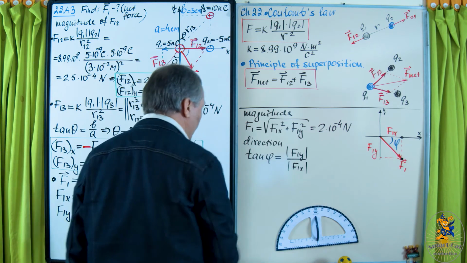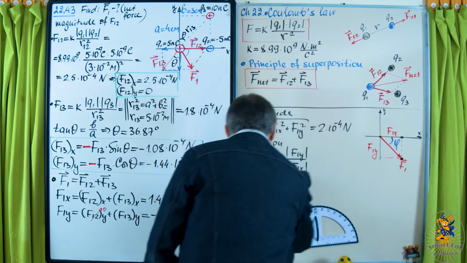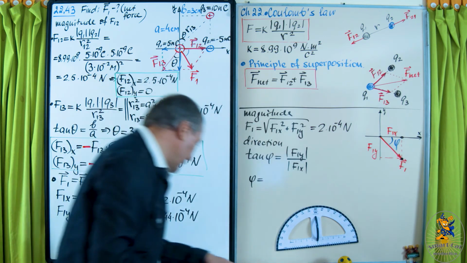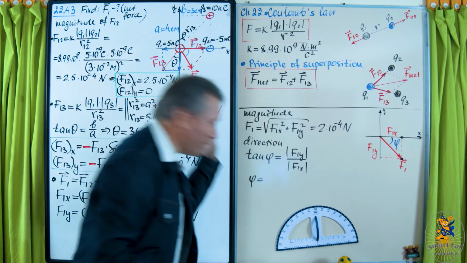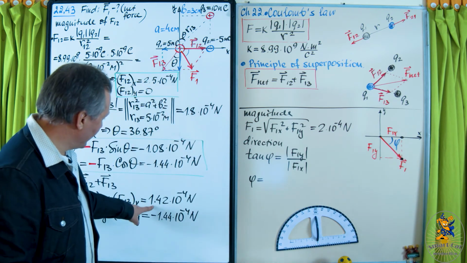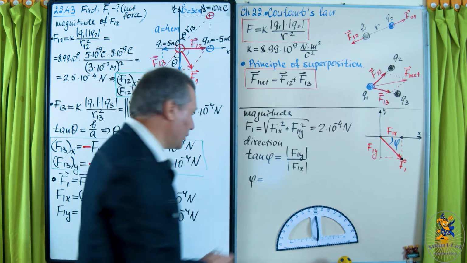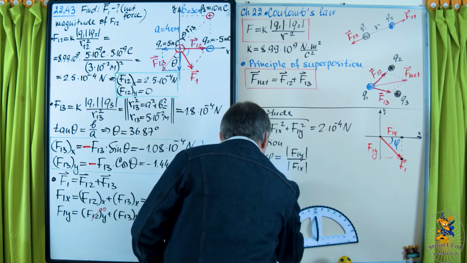You can take the arctangent easily, so I'm not going to do it. Phi will be almost 45 degrees, because we have 1.44, very, very close to 45 degrees.